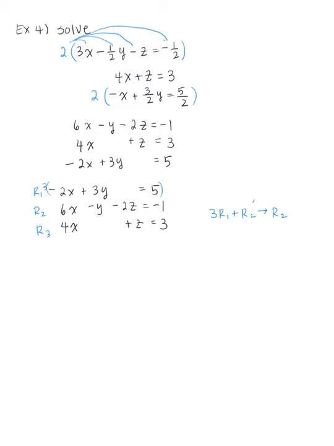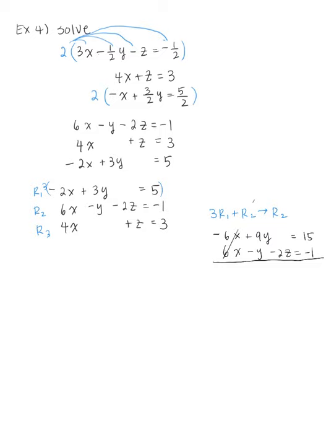So what do we get? Negative 6x plus 9y equals, don't forget to multiply by the 3 on the right hand side, so you're going to have 15. And then row 2 is just 6x minus y minus 2z equals negative 1. I'm going to add them together.